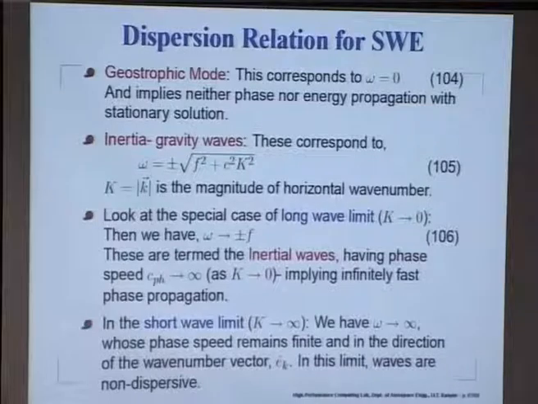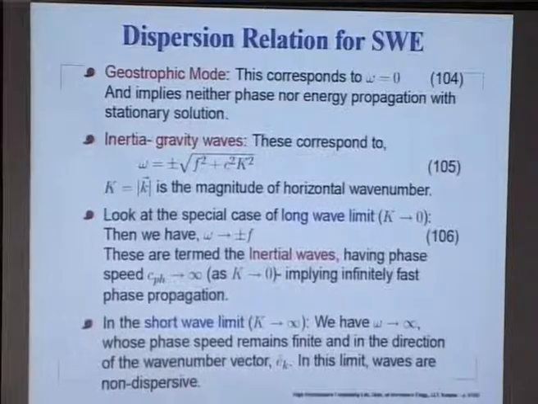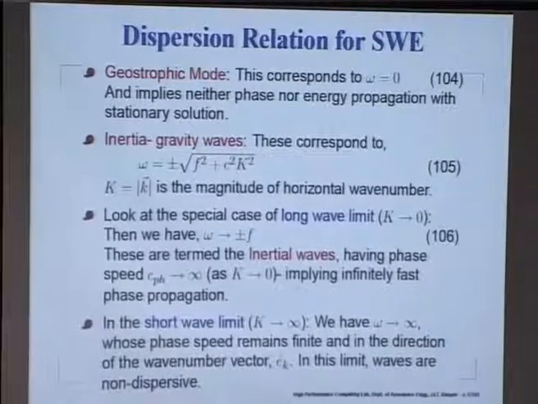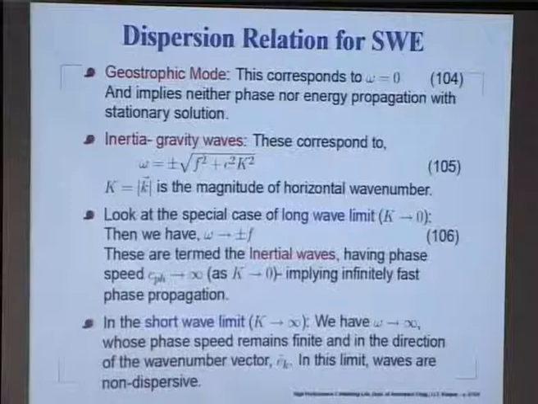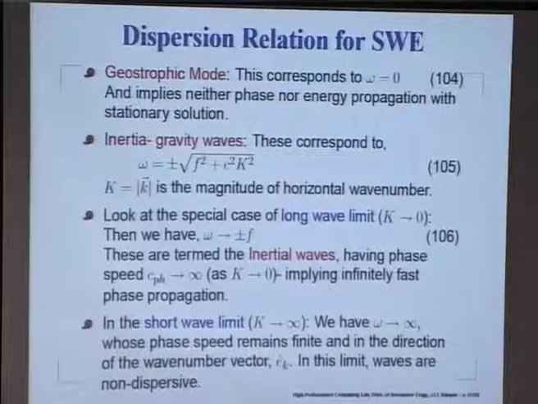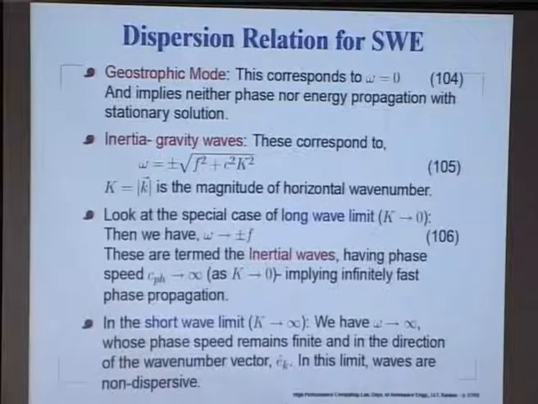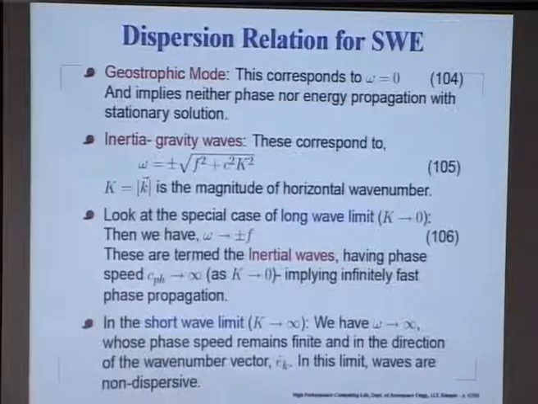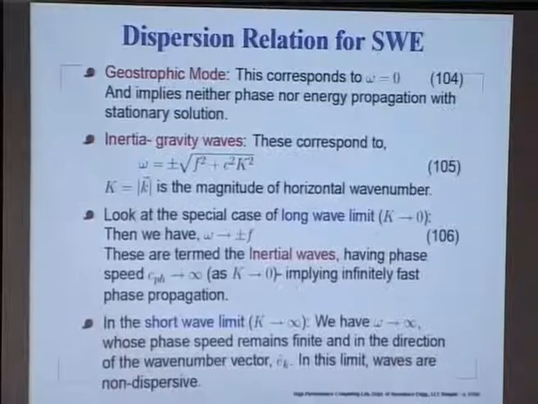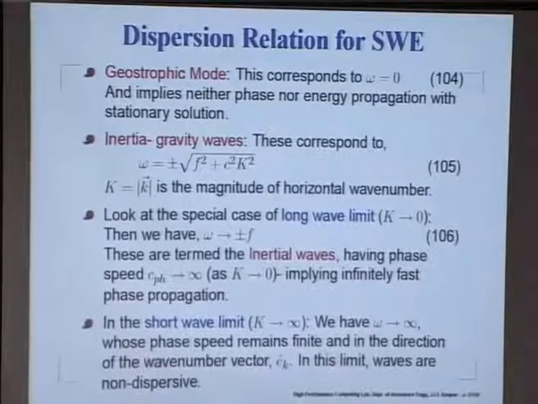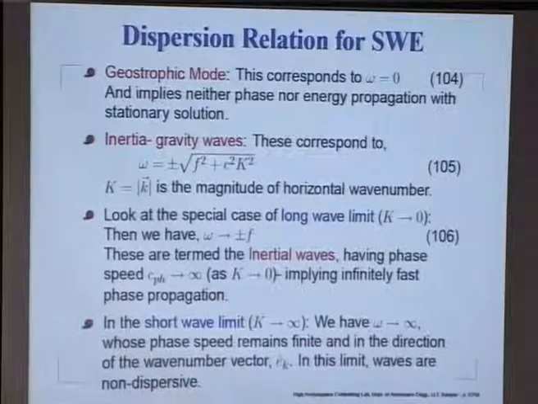These two roots give rise to what is called the inertia gravity waves. Let us try to understand what we are talking about here, because if I look at the long wave limit, that is capital K going to 0, then you can directly see omega will tend to plus minus f, right.